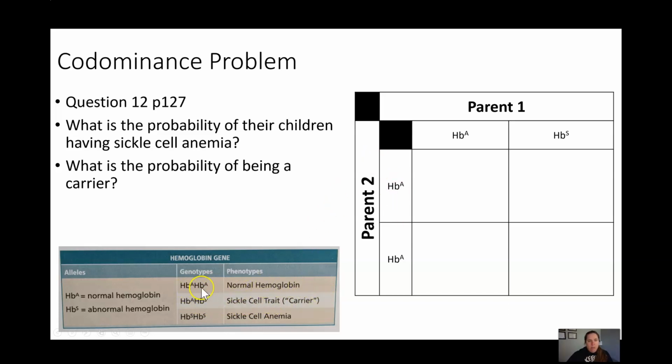So they have HbA, HbA. So the question is, what is the probability of any of their children ending up with sickle cell anemia? And what is the probability that any of their children will end up being a carrier? In other words, they'll have the sickle cell trait. So go ahead and complete the Punnett square and predict the probability for those offspring.